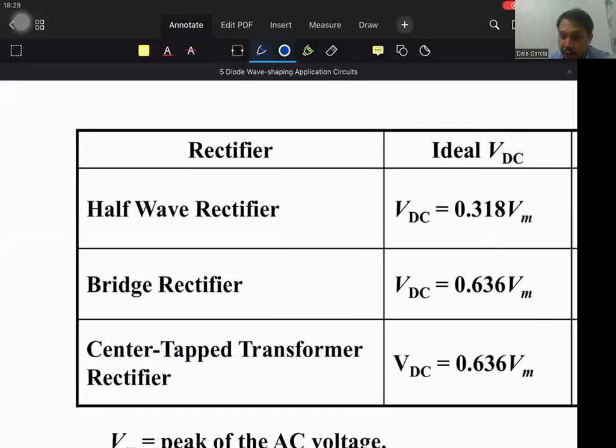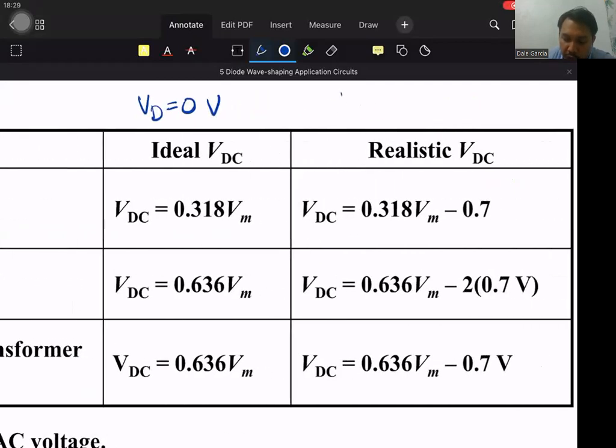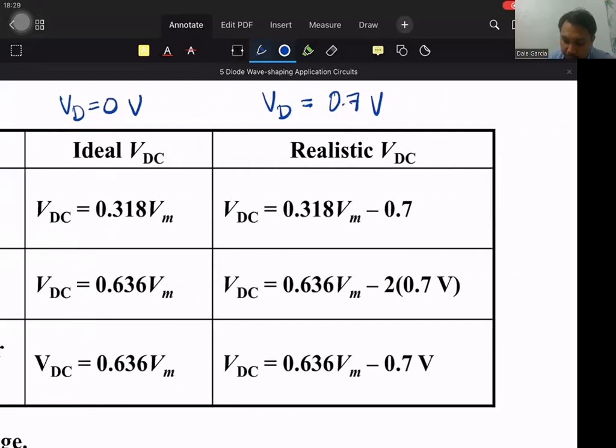So kani kung ideal diode, again, when the diode voltage is equal to 0. But what if we'd want to consider the voltage drop of our silicon diode? So dapat atong i-take into account ang 0.7, no? So these are the formulas.